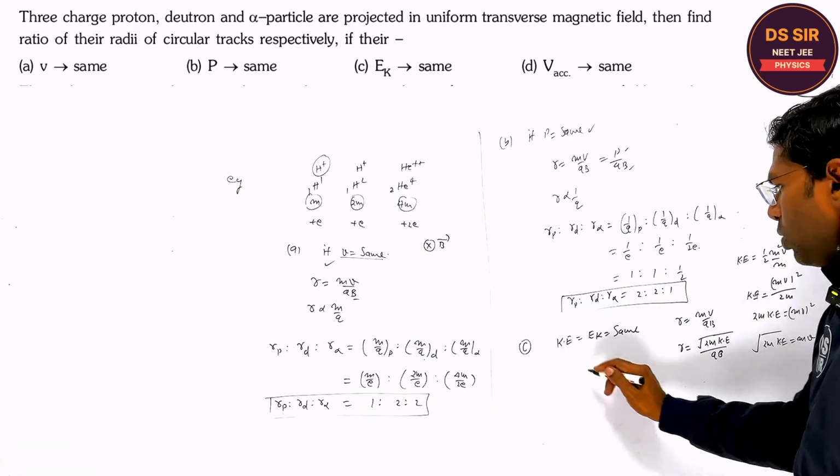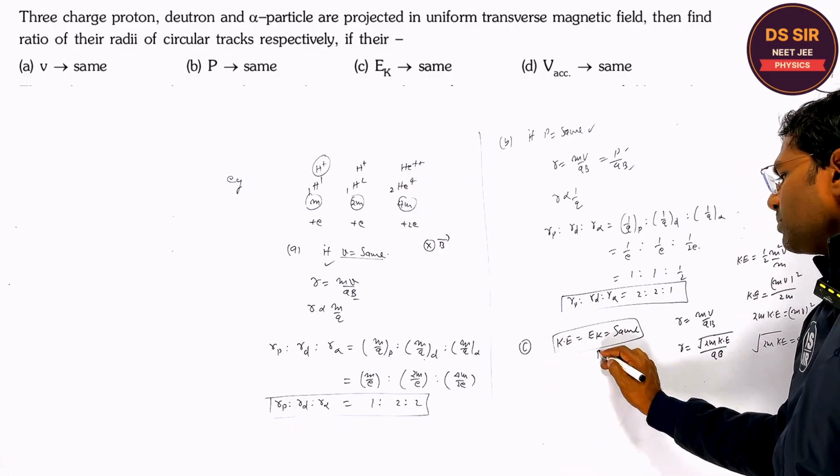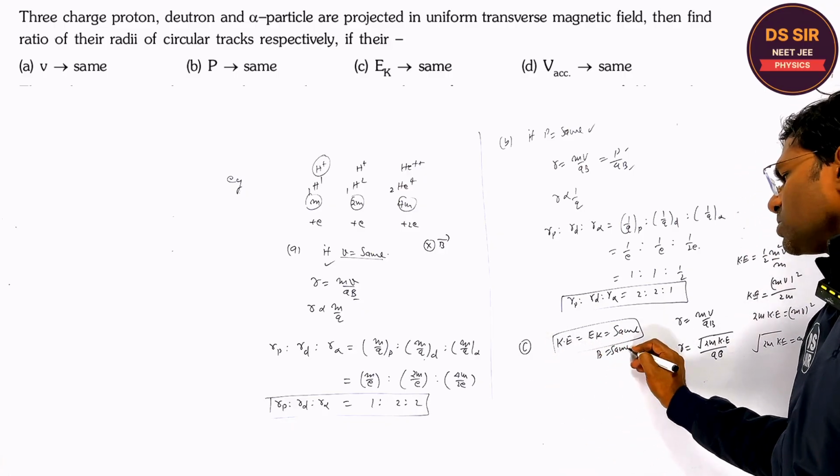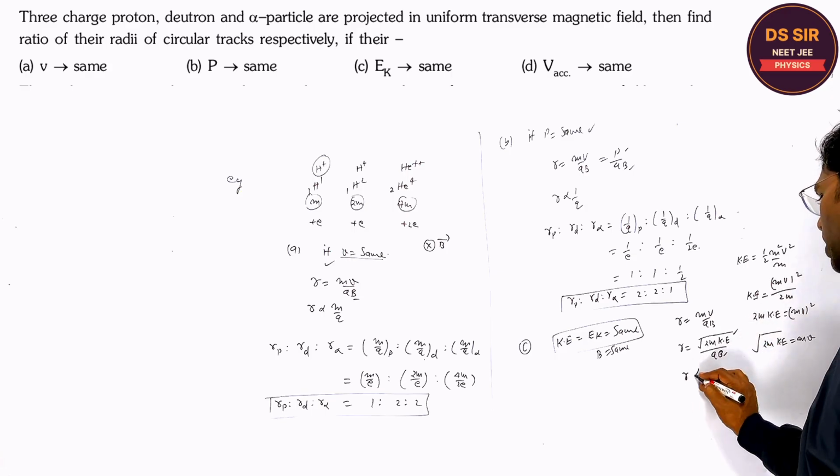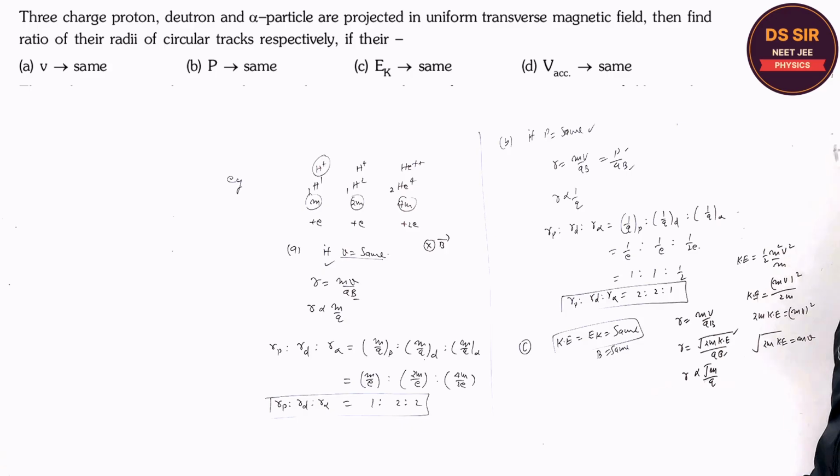Yes. Now if kinetic energy is same and magnetic field is still same, K same, B same, so radius is proportional to root m upon q.